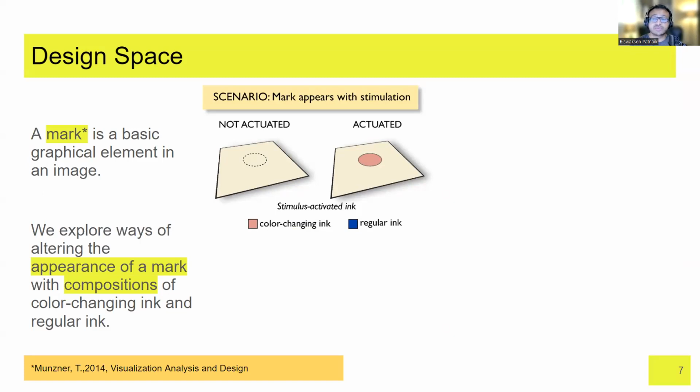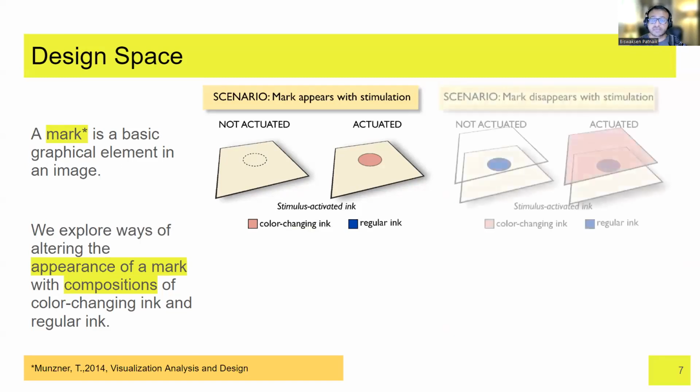In this scenario, we simply paint the mark with stimulus-activated ink. Upon actuation, it reveals itself. In this scenario, a mark disappears with stimulation. We are still using the same stimulus-activated ink, such as a photochromic ink. In this composition, we use two layers.